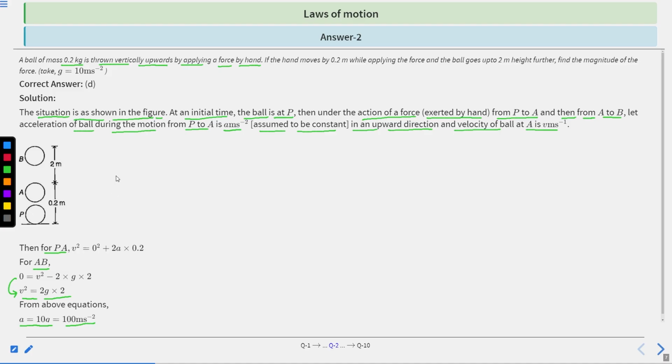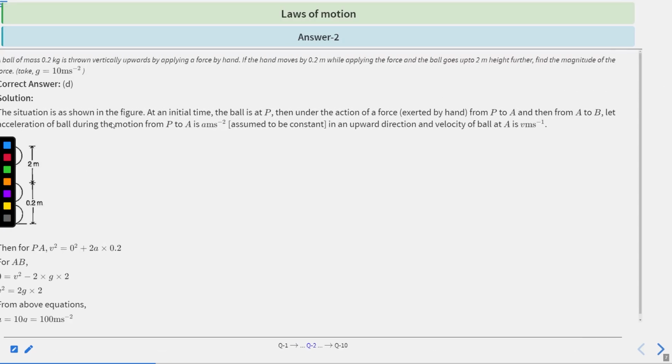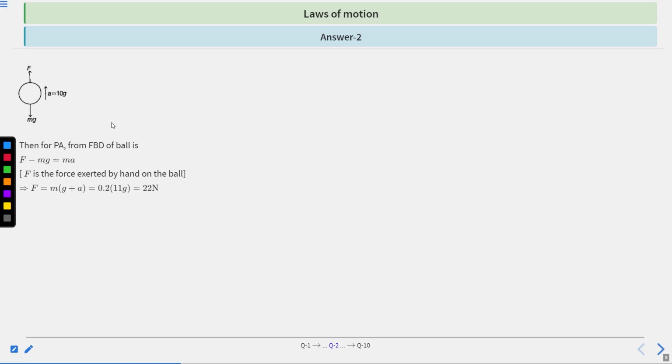So the correct answer is D. How is D the correct answer? Because the acceleration here is 10g, we have to find the force.